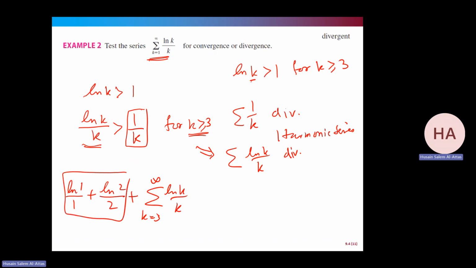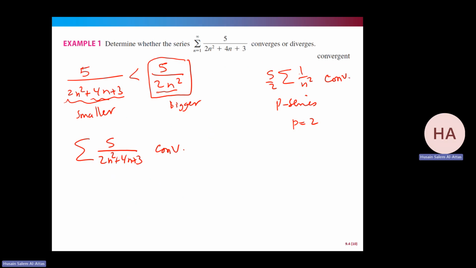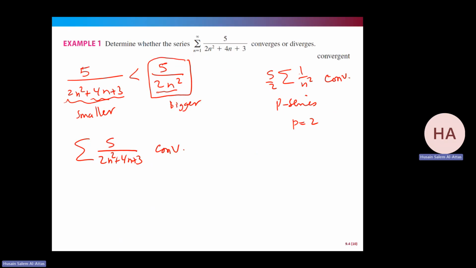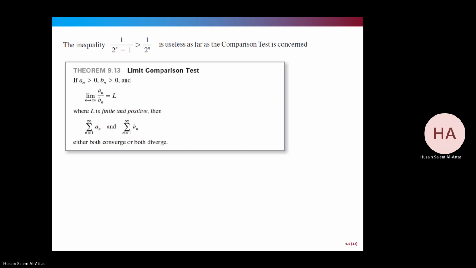If the tail diverges, for sure all of this will diverge. A number plus infinity gives you infinity. So that will diverge. When we do the comparison, I don't care if we do not start from the starting point of the series. That will not make a difference.